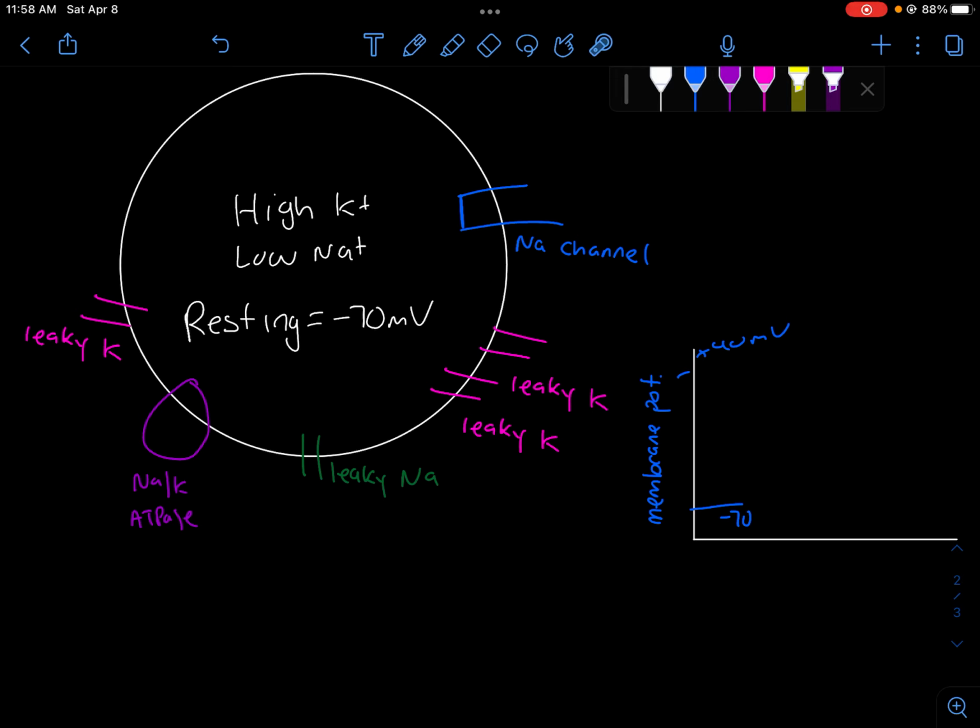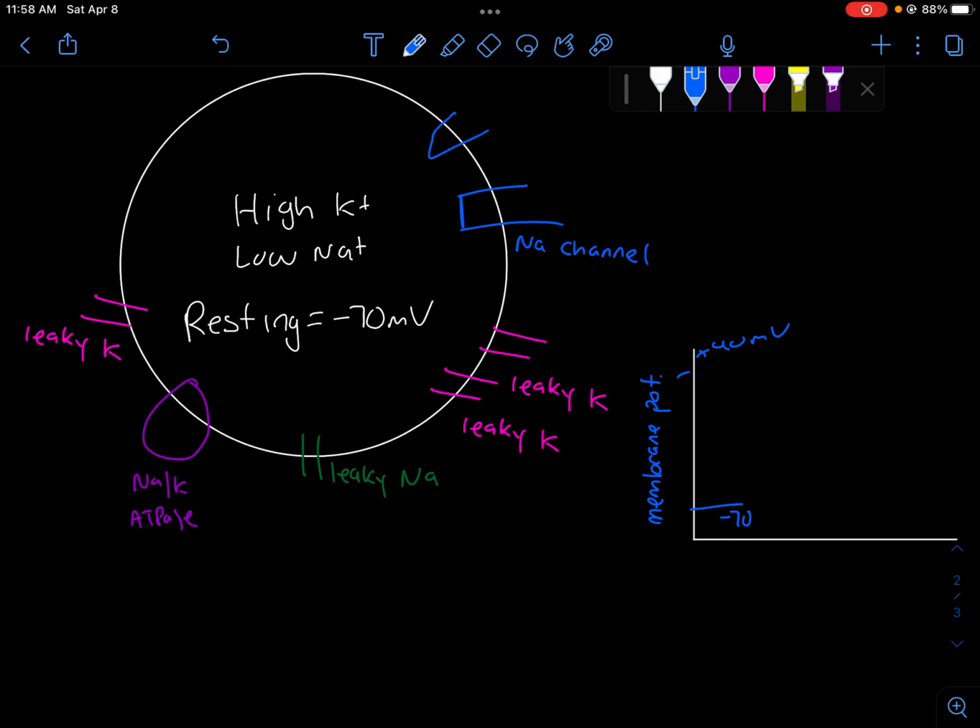If you remember from section, an influx of sodium can increase the membrane potential, make it more positive, and can depolarize the cell. At rest, the cell is more permeable to potassium, which is why we see a negative resting potential. But how can we make that membrane potential more positive? We make the cell more permeable to sodium.